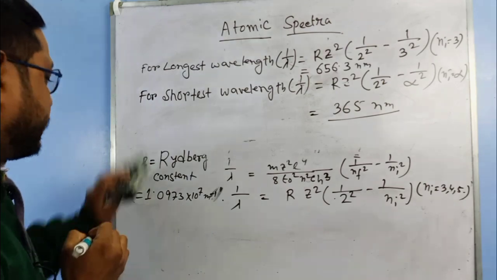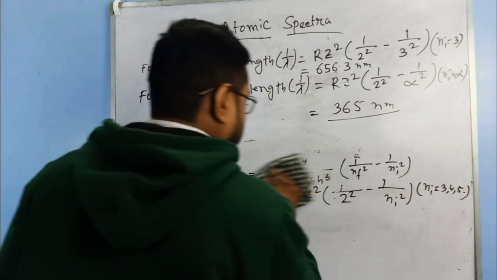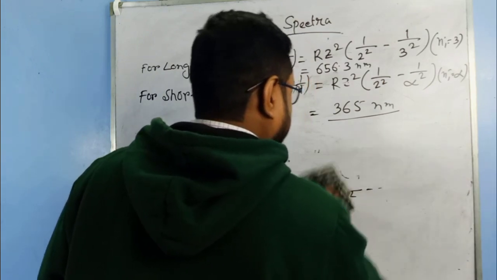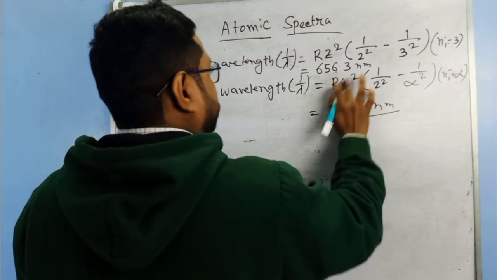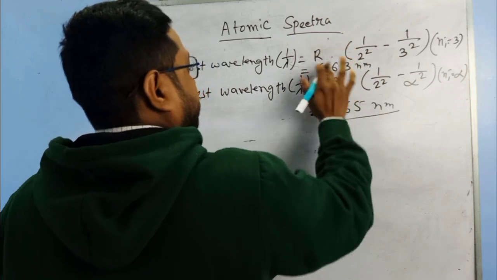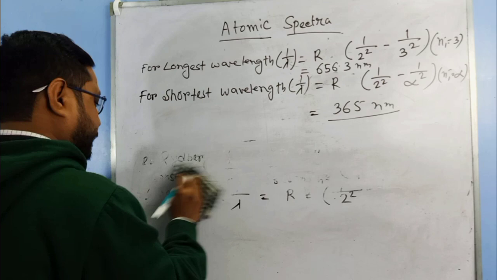This is the range of the Balmer series. In this way, we can find any expression. Okay, and for hydrogen, obviously Z equal to 1, so the formula becomes R 1 by 2 square minus 1 by infinity square, and R 1 by 2 square minus 1 by 3 square.